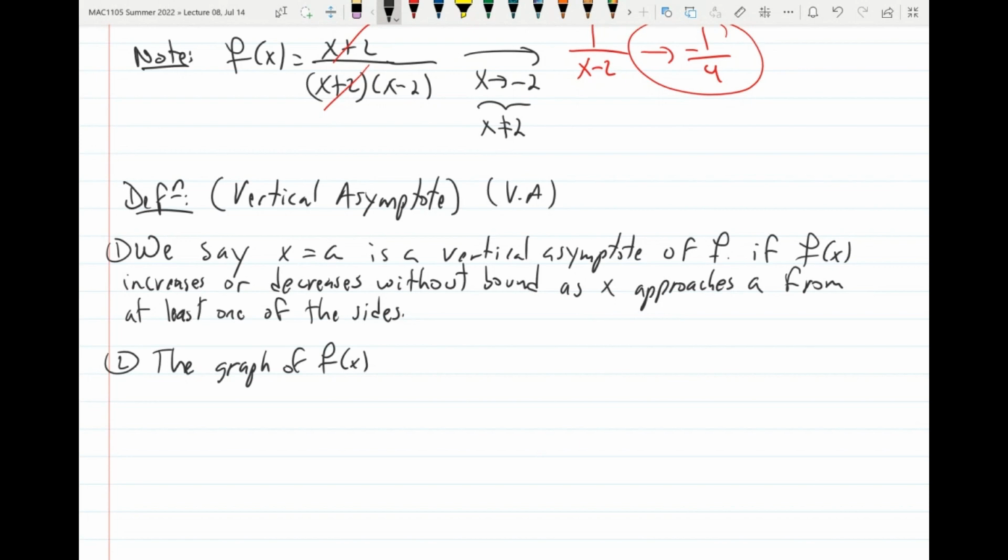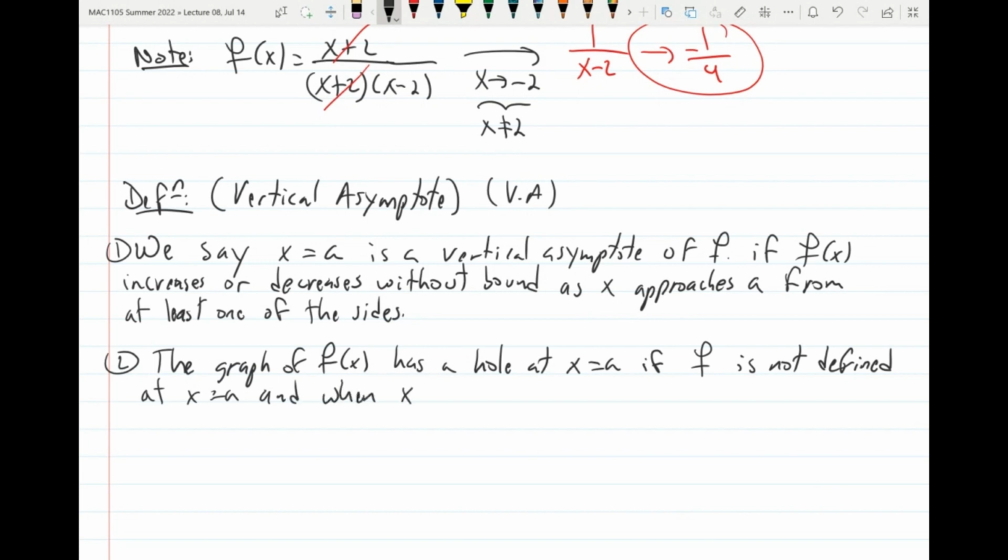The graph of f has a hole at x equal a if first of all, if f is not defined at a, if f is not defined at x equal a, and when x approaches a, f of x approaches some fixed number. Okay, that's what it means. That's what tells you that you're going to have a hole.